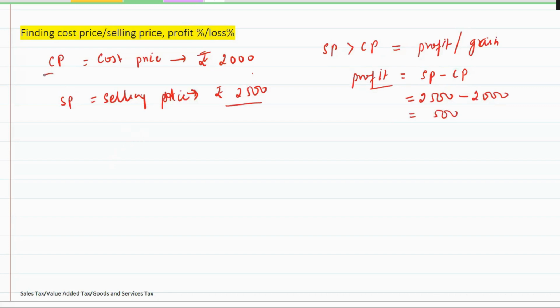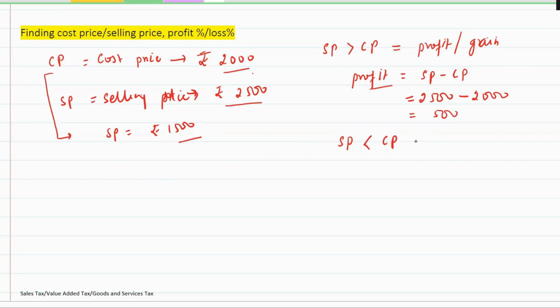If suppose this object was sold for a selling price of 1500 or less, any number you can take, I'm just making you understand how to do that. So here SP is 1500 but the CP is 2000, means CP is greater than SP.